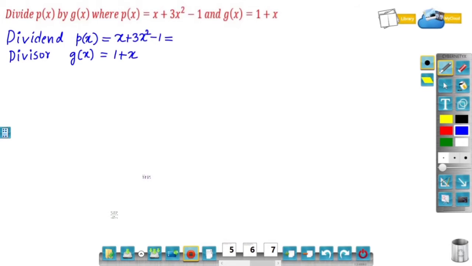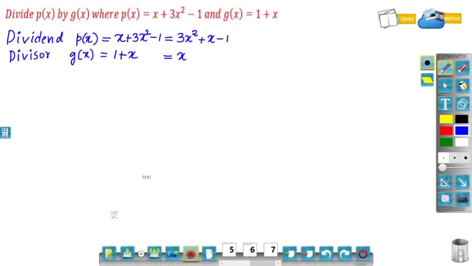Before doing long division method, we have to write dividend and divisor in the standard form, that is decreasing order of their powers. See here, highest power is x to the power 2. So write 3x square first, then plus x minus 1.